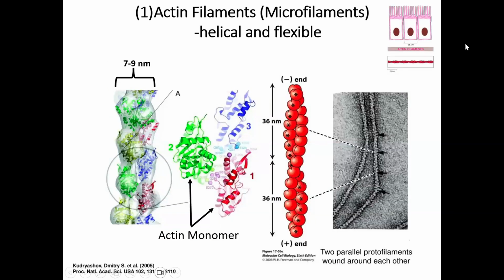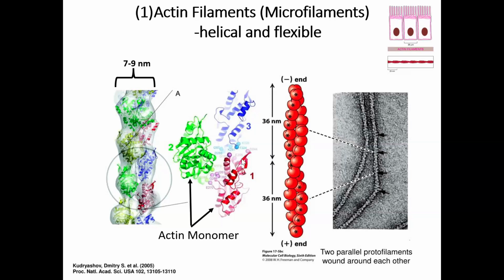So first, we are looking at the actin filaments. And these actin filaments are made of actin monomers. Here you can see that they are 7 to 9 nanometers in width.